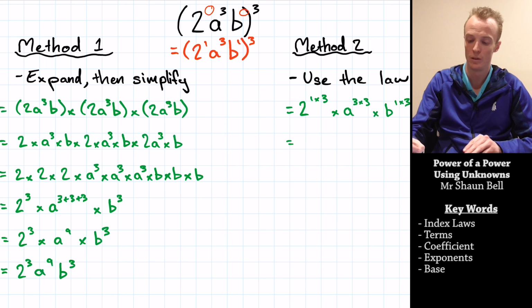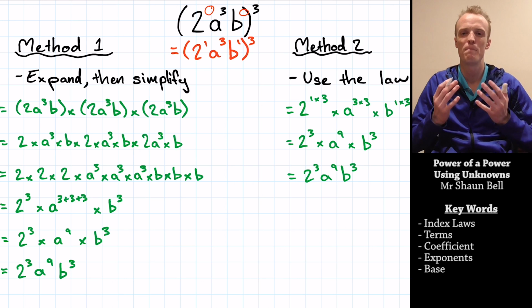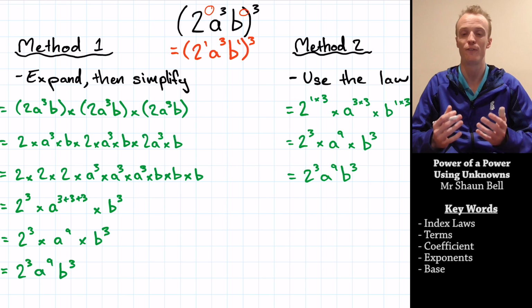This is equal to 2 to the power of 3 multiplied by a to the power of 9 multiplied by b to the power of 3, which can be written as 2 cubed times a to the 9 times b cubed.